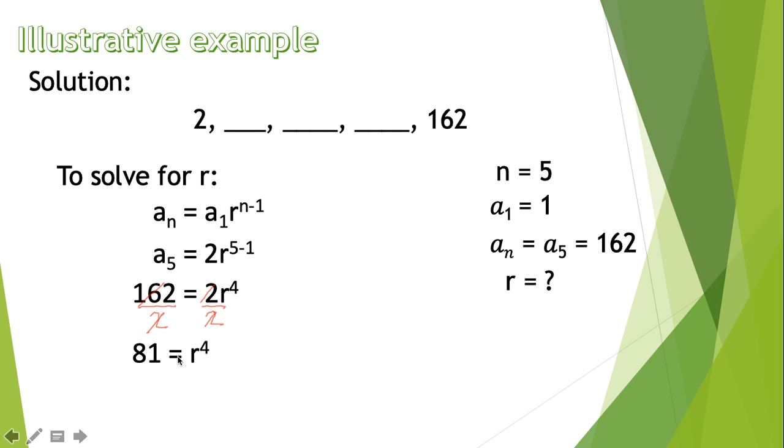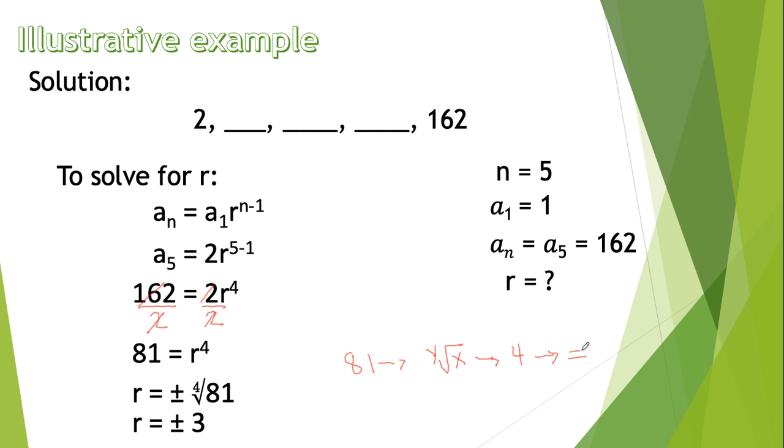Now, since the exponent is 4, we are going to find the fourth root of 81, and that is positive, negative 3. To do this in your calculator, enter first 81, then press y root of x, then press 4, then press equal.